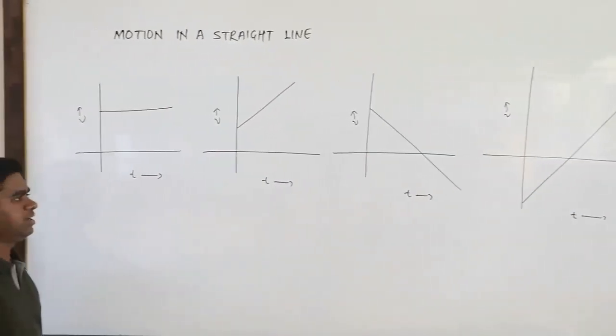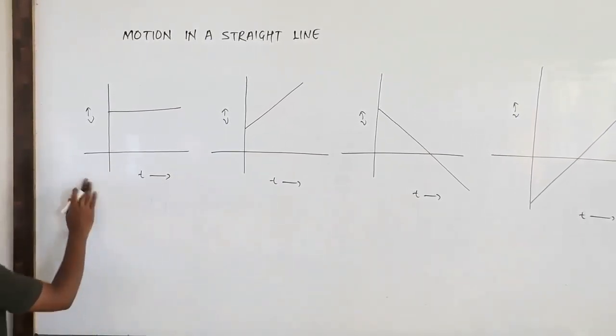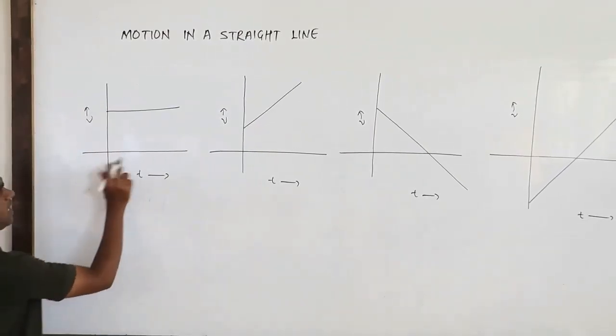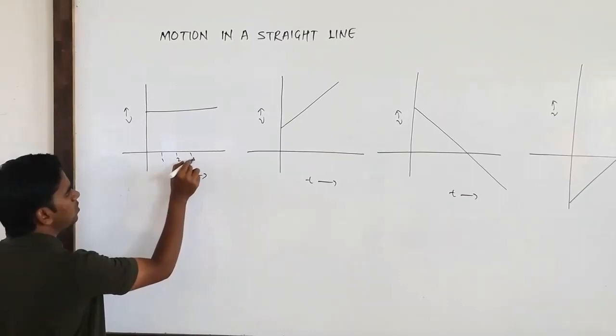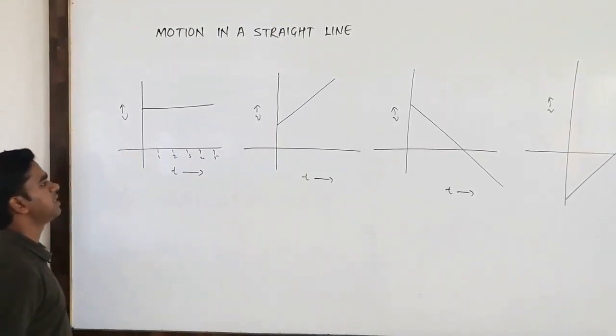How can we describe the motion? So from the first graph, what is the graph showing? Suppose time is changing here: 1, 2, 3, 4, 5. It goes on changing. Okay, you cannot stop the time.